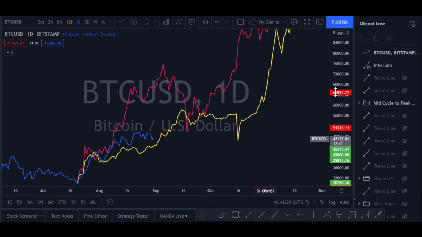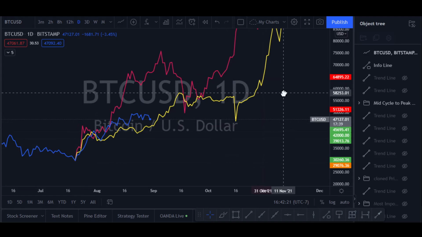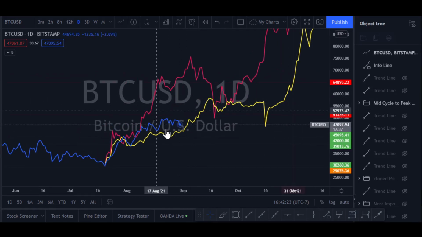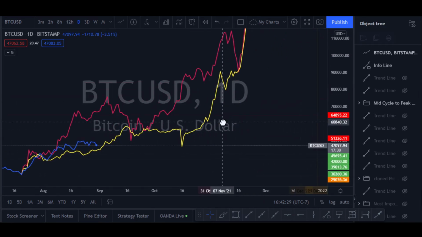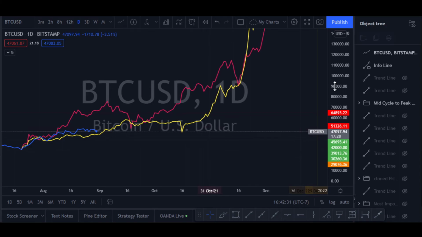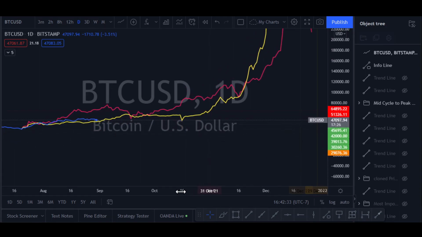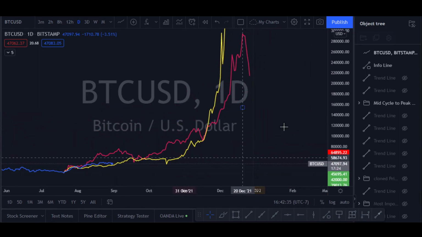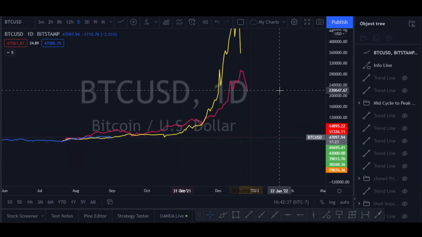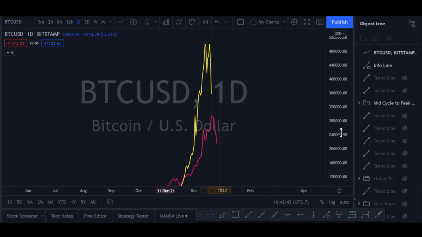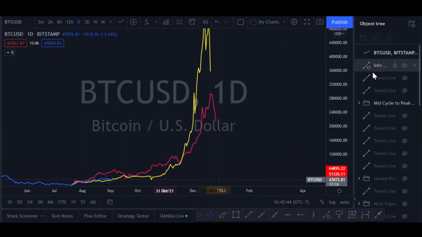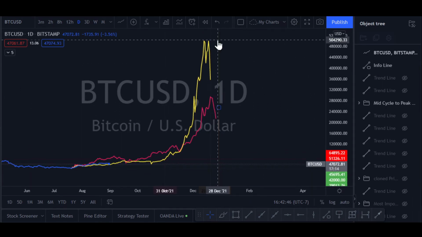So basically I'm doing this because I really wanted to see if we are in that sweet spot averaging the two, because that's ultimately what the first half of this bull market was all about. And so what I'm going to be looking for as we go is to see what our price action is more mirroring.